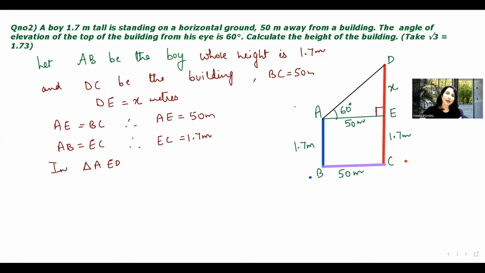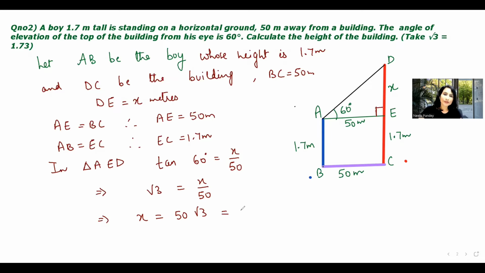So opposite by adjacent, tan 60 is equal to X by 50. So what is tan 60? √3 is equal to X by 50. So X will be 50 √3.